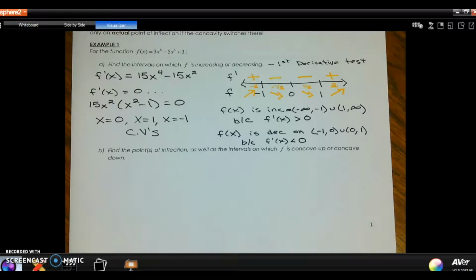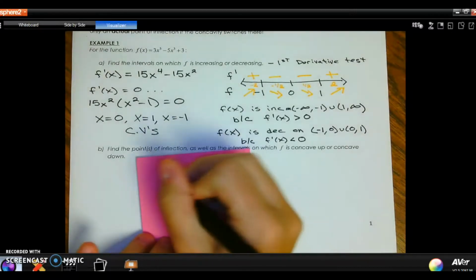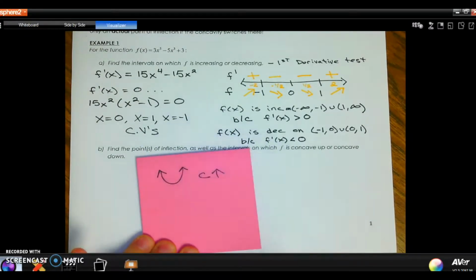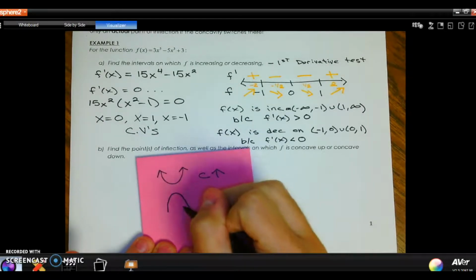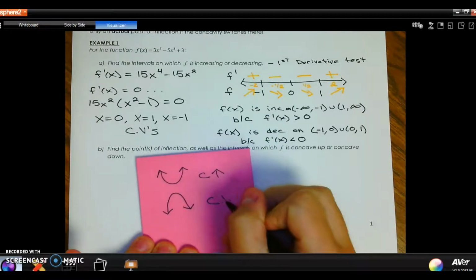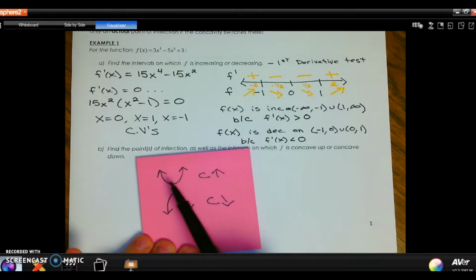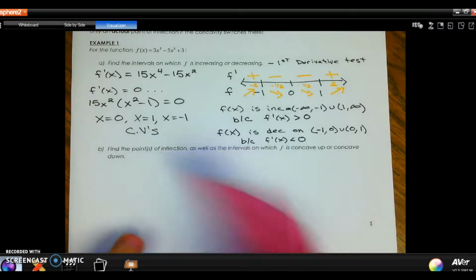To think of concavity, you may want to revisit a parabola from Algebra 2. Recall that if you have a parabola that opens upward, we call this concave up, okay? And if you have a parabola opening downwards, we say that's concave down. So the second derivative test is going to tell us about the concavity of the original function.